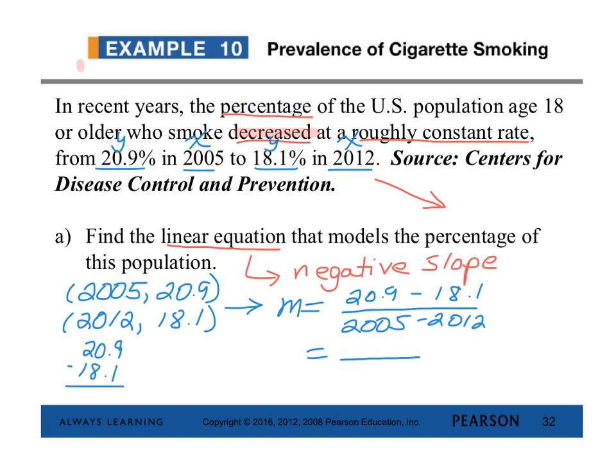You can use your calculator for this. And 2005 minus 2012 is -7.